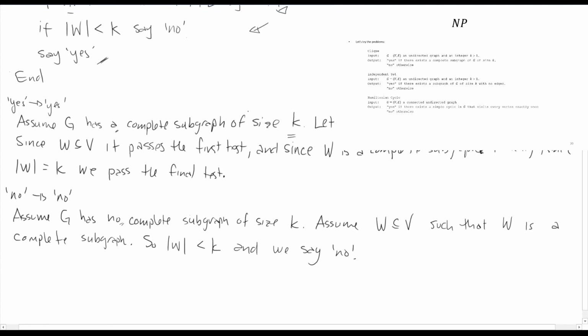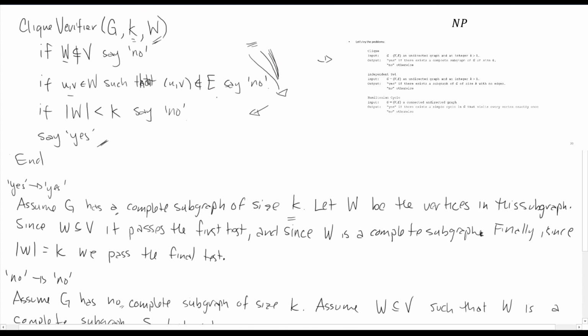So now we only need to ask ourselves, is this indeed polynomial time? Let's double check. The subset check, I think we looked at that one last time. Worst case is going to be about an n squared. In this case, checking to make sure that all of our edges exist, well, that looks like it has something to do with the edge set.